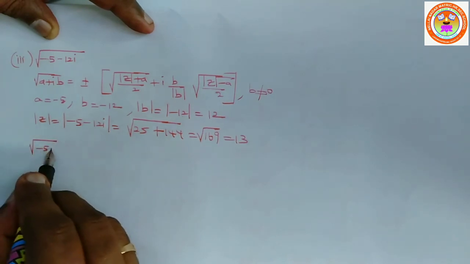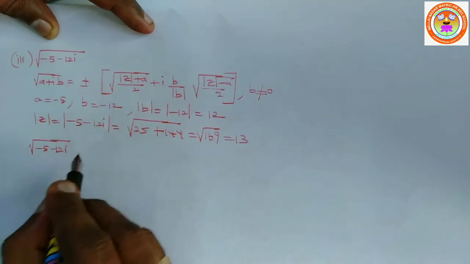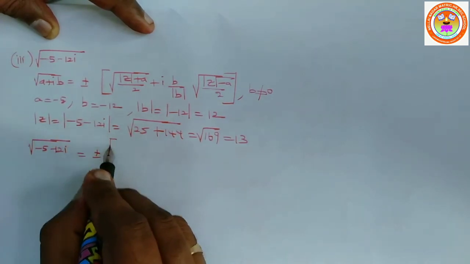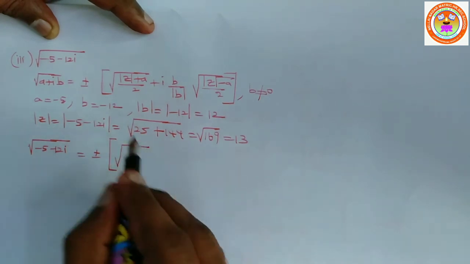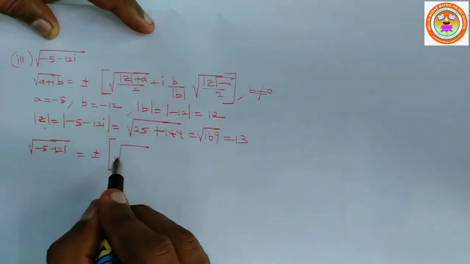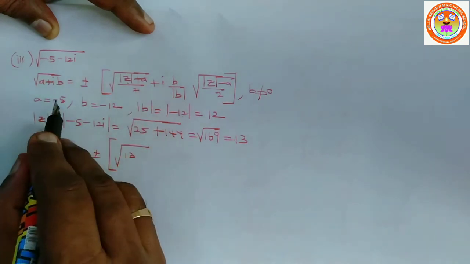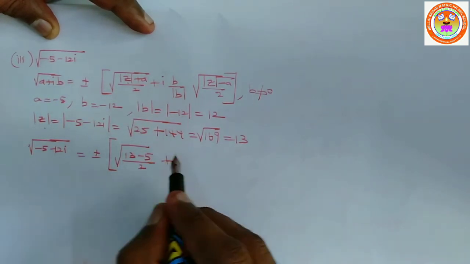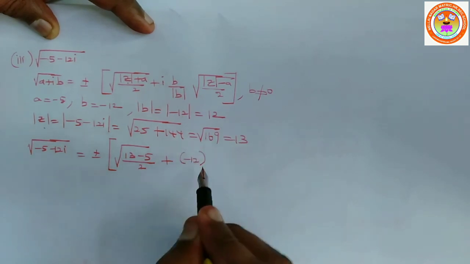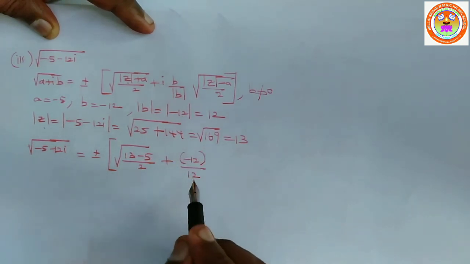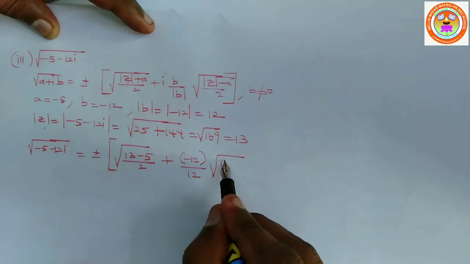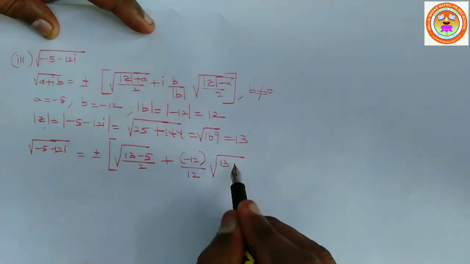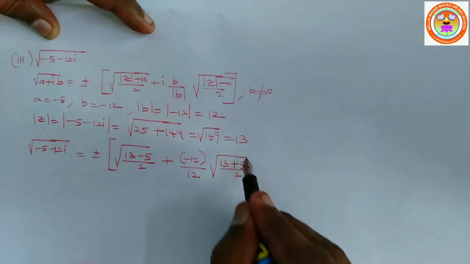Square root of minus 5 minus 12i is equal to plus or minus, open the bracket, square root of modulus of z. Modulus of z is 13, a is minus 5, divided by 2, plus i, b is minus 12, modulus of b is plus 12, square root of 13. Here minus becomes plus, 13 plus 5 divided by 2.